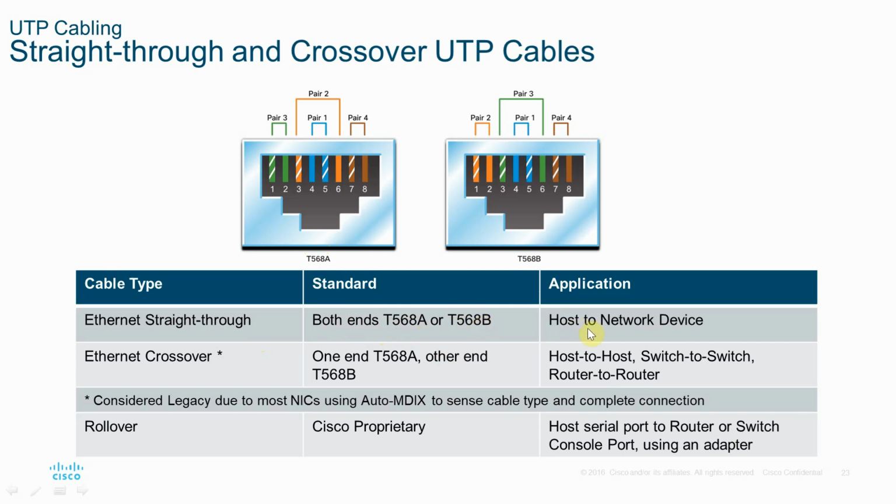They are used to connect host to network device, any computer to switch, computer to router. Okay. Ethernet crossover means one end of the cable will be A, another one will be B. They are used to connect host to host, similar devices, computer to computer, switch to switch, router to router. Crossover. Rollover means Cisco proprietary cable.